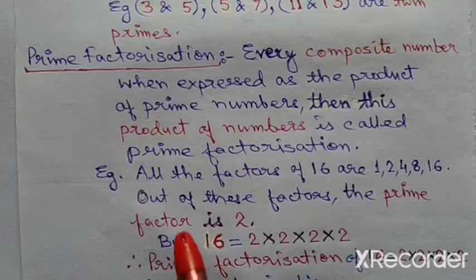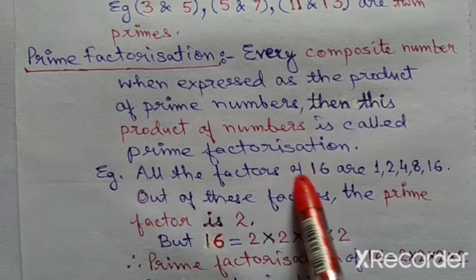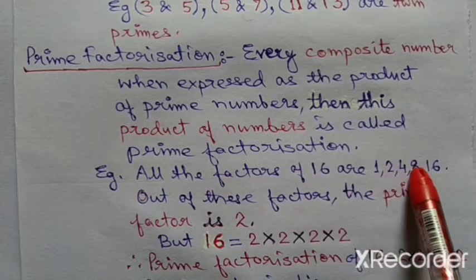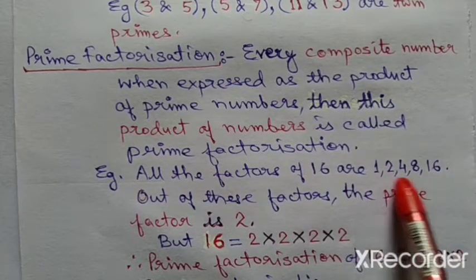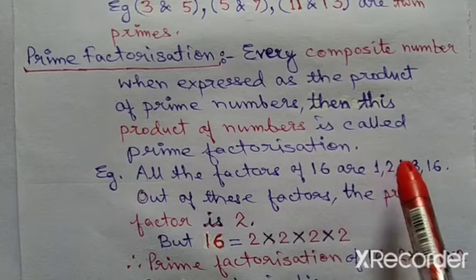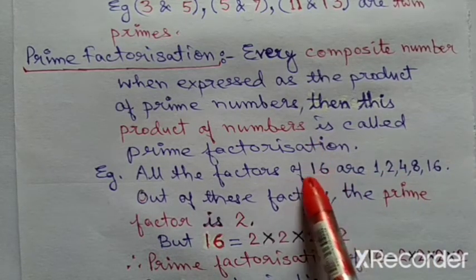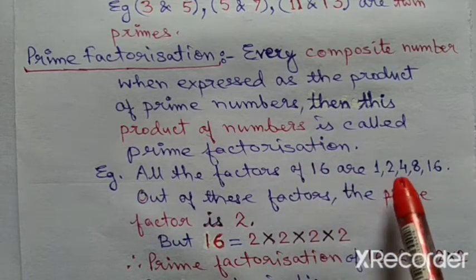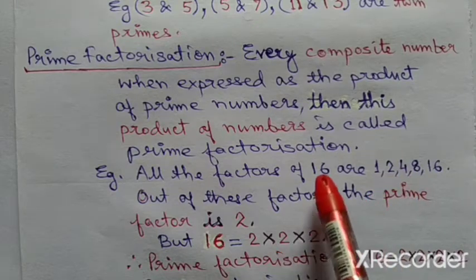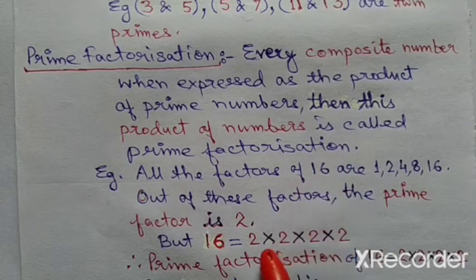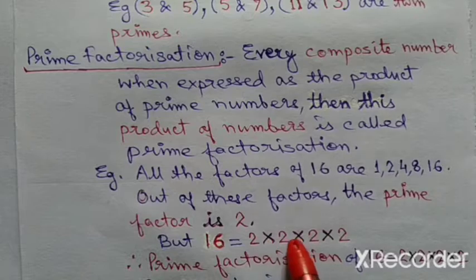Again I am repeating: the factors of 16 are 1, 2, 4, 8 and 16, and out of these factors, 2 is the prime factor. Now how many 2s will you multiply to make 16? You will take four 2s. Just see: 1, 2, 3, 4.